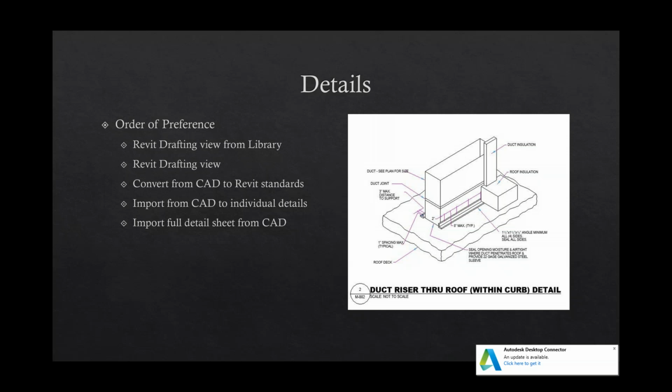It doesn't always keep the leaders attached to the text, and those need to be recreated. And there's a certain minimum size line that Revit needs to deal with. So there are a lot of issues there. But on the way back from Revit to CAD, we lose annotative text. So I think there are still integration issues back and forth. But ideally, we're using Revit as much as we can because it has great strengths.